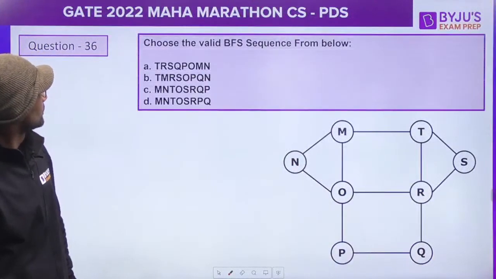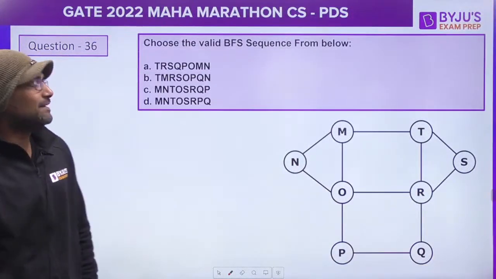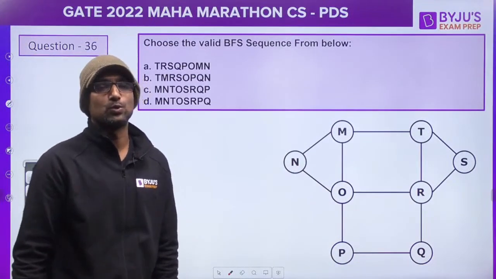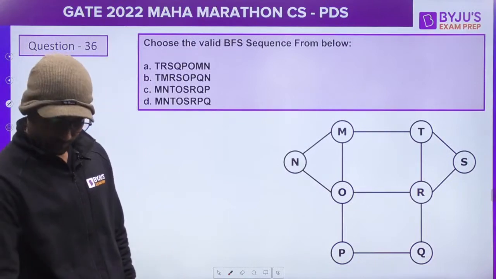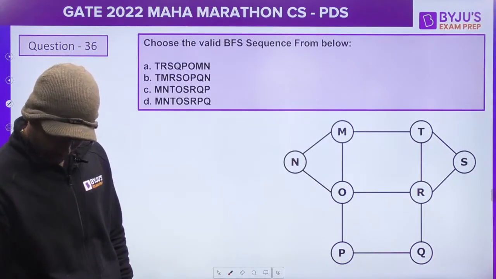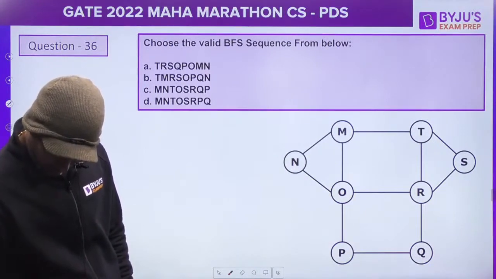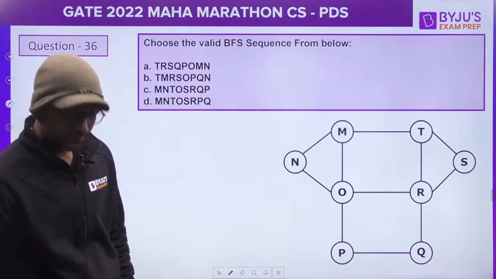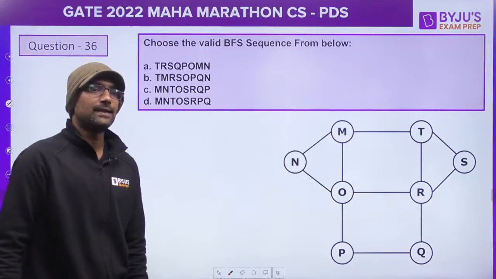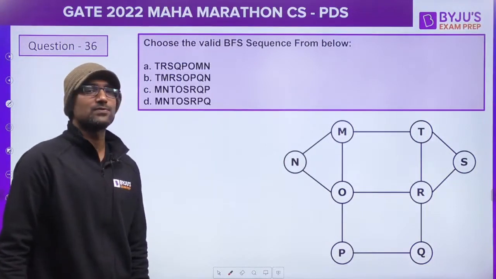Next, choose the valid BFS sequence from below.